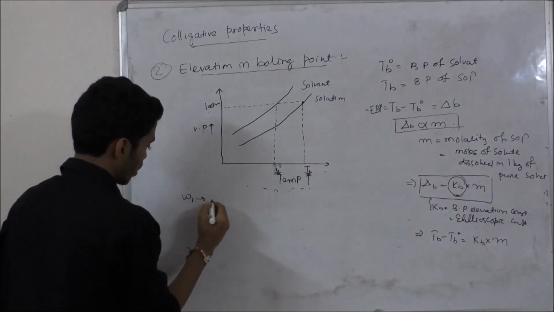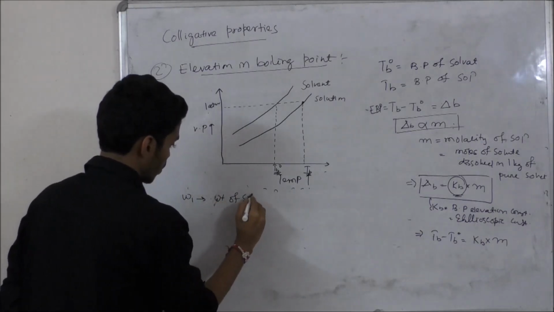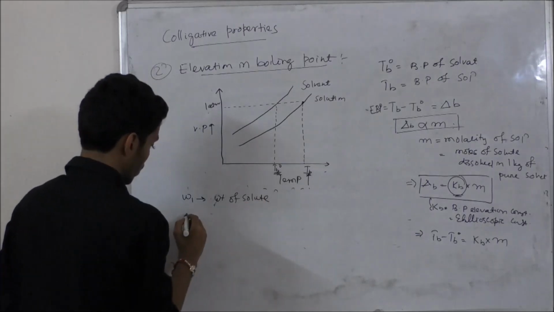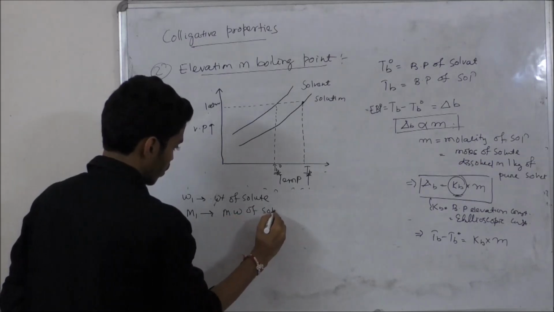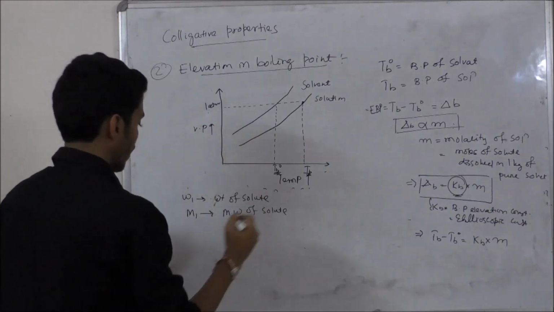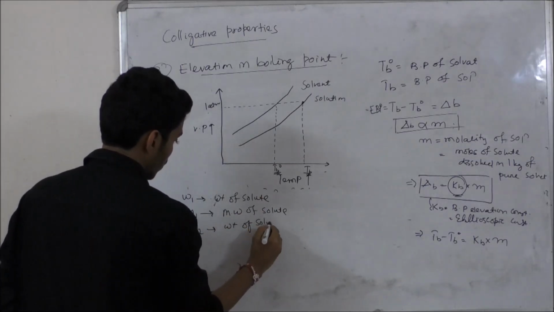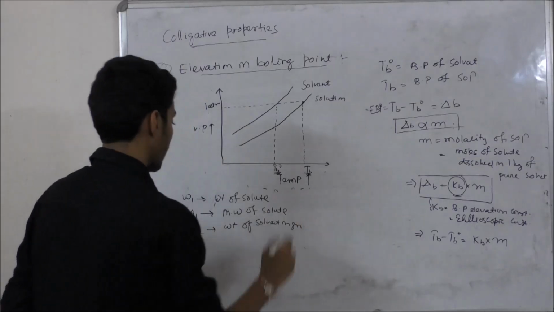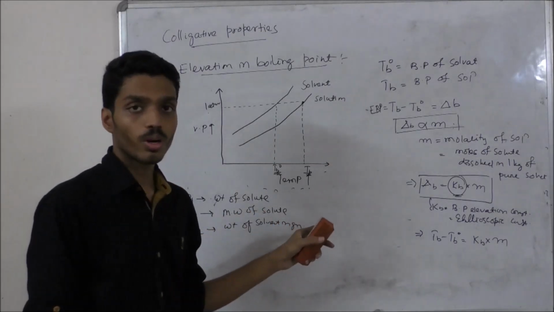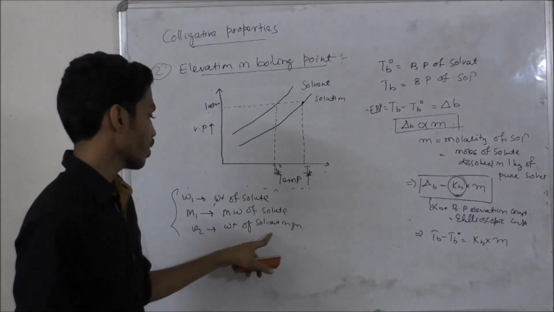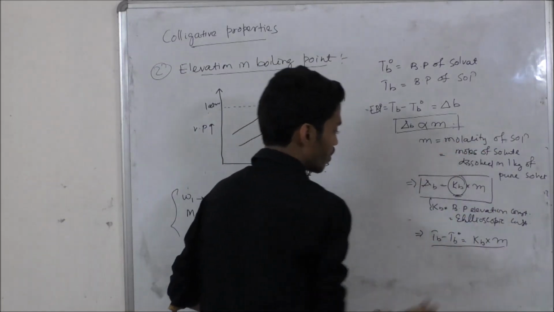Suppose W1 is the weight of solute, M1 is the molecular weight of solute, and W2 is the weight of solvent in grams. If the weight of solute is given, the molecular weight of solute you know, and the weight of solvent you also know, then we can calculate the elevation in boiling point.